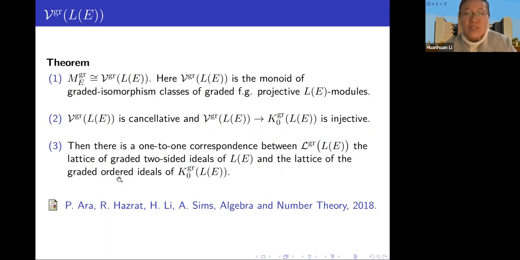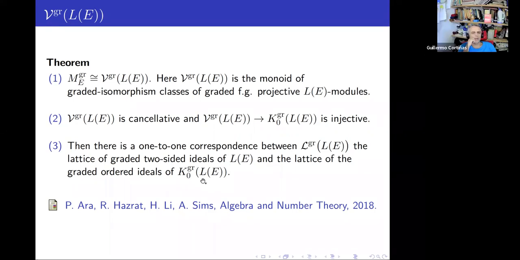So actually a graded order ideal is a subgroup of this graded Grothendieck group, which can be written as a difference of an order ideal of this monoid part.